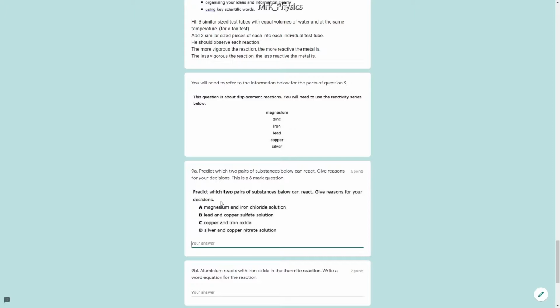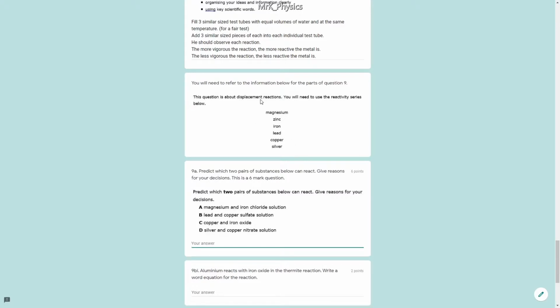And that means that you'll get a mark for identifying the pair, and then you've got to build on it by trying to justify why you've chosen it, and that's worth 2 marks each. So let's go with this. We've got magnesium and iron chloride, lead and copper, copper and iron, silver and copper. It's a displacement reaction.